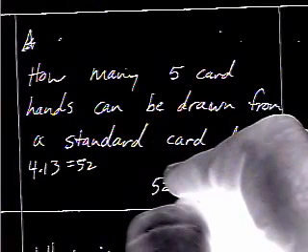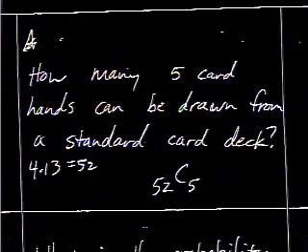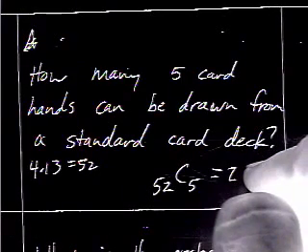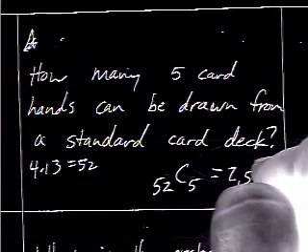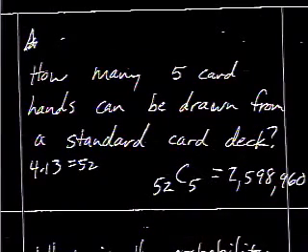So if you have 52 cards and you're choosing a group of 5, using our 52 nCr 5, that would be 2,598,960 different groups.